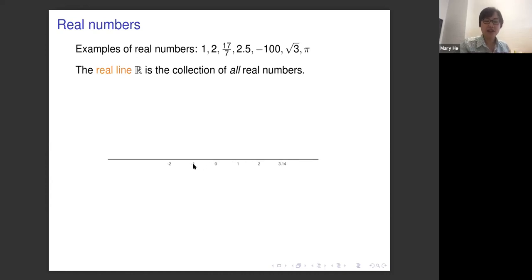To the left of the point 0, I have -1 and -2. In this way, I can put all the real numbers on this line. So this real line is really giving every number an address, right?